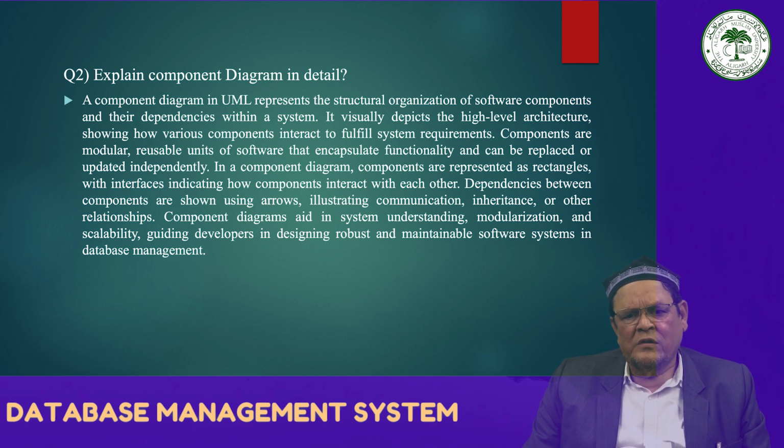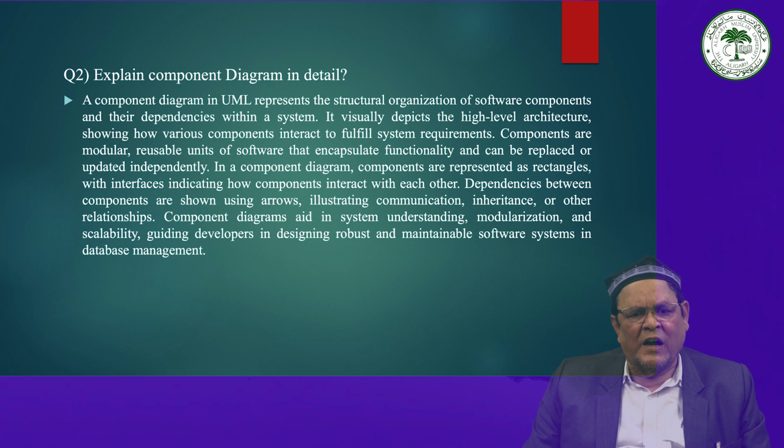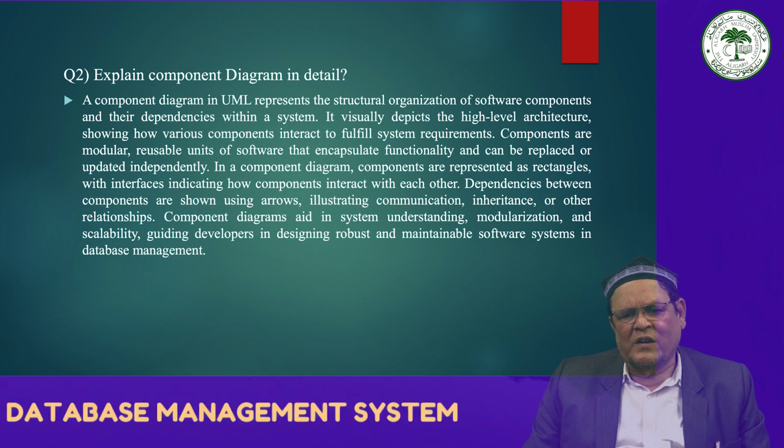Components are modular, reusable units of software that encapsulate functionality and can be replaced or updated independently. In a component diagram, components are represented as rectangles with interfaces indicating how components interact with each other. Dependencies between components are shown using arrows, illustrating communication, inheritance, or other relationships.